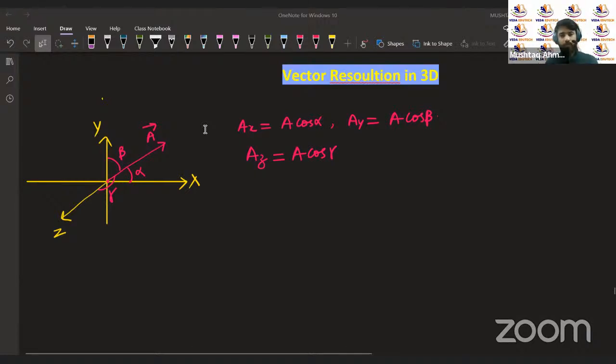The component along x is a cos alpha, the component along y is a cos beta, and the component along z is a cos gamma.